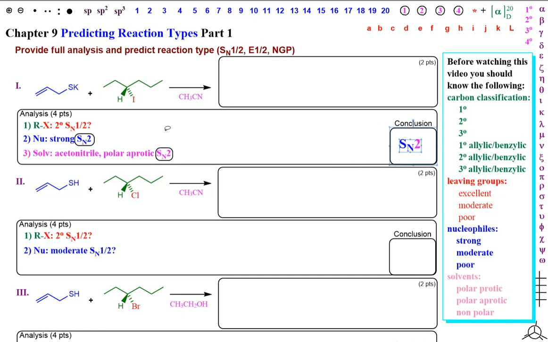SN2 involves a backside attack by my nucleophile on the carbon with the leaving group. A mechanism is not required for this problem, but I'll show it to you here just for fun. Here we're doing a backside attack on a stereocenter that used to be R. In your product, I need to clearly see an S stereocenter because there will be an inversion, and the product will look like this.